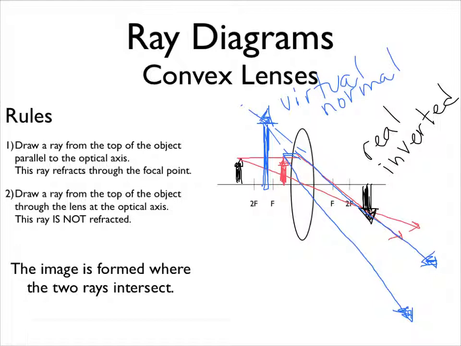And so with convex lenses, you can have real images or virtual images. It depends on how close the actual object is to the lens itself. I invite you to ask me in class to play with a double convex lens so that you can actually see how those lenses behave.